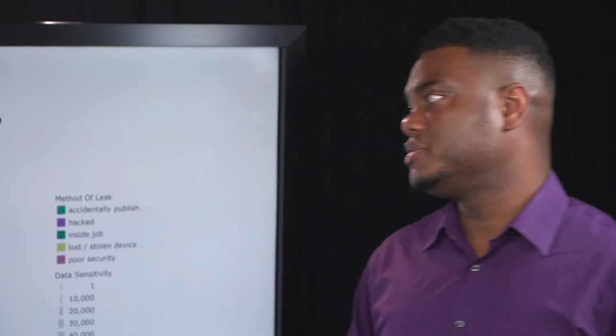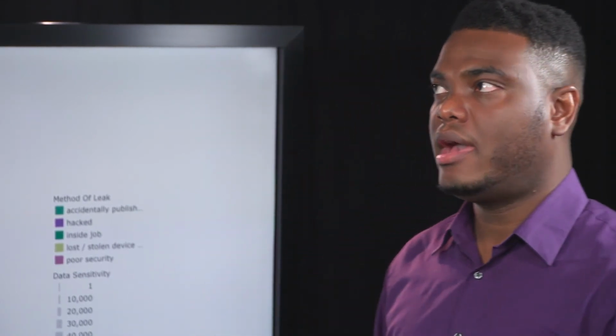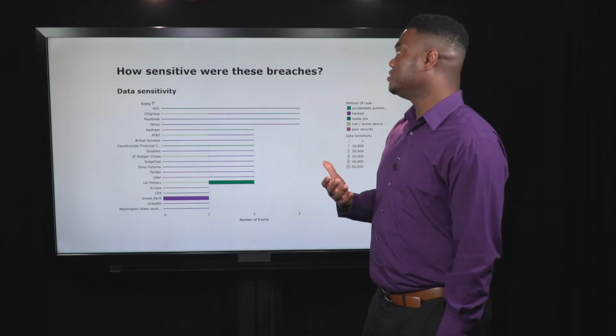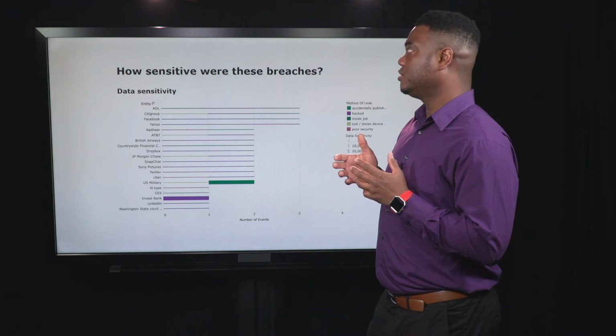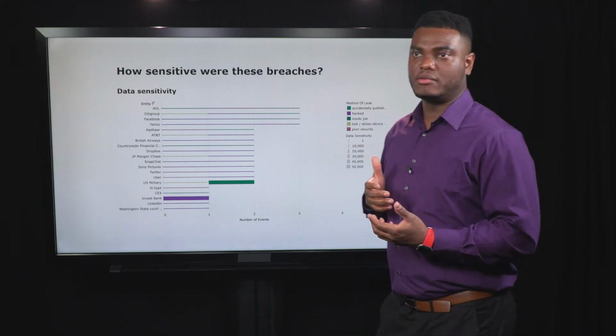Our data sensitivity scale is a composite index which factors in the type of information that was lost and ranks that information in terms of the number of records and the nature of the data that was lost.